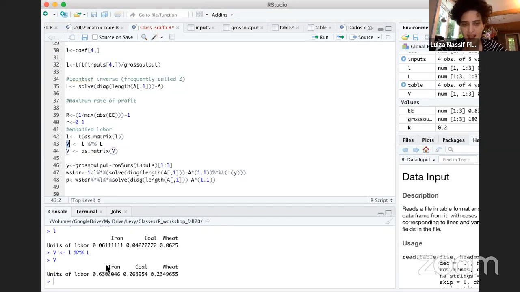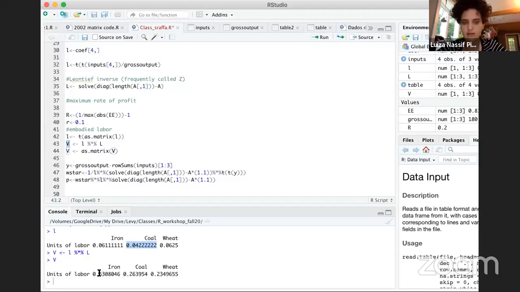So to produce iron, you need 0.06 of labor. But also because iron uses iron, and iron uses coal, and coal uses labor, there is also labor embodied in coal itself. In each unit of coal, we have labor embodied directly of 0.04, but then also indirectly.